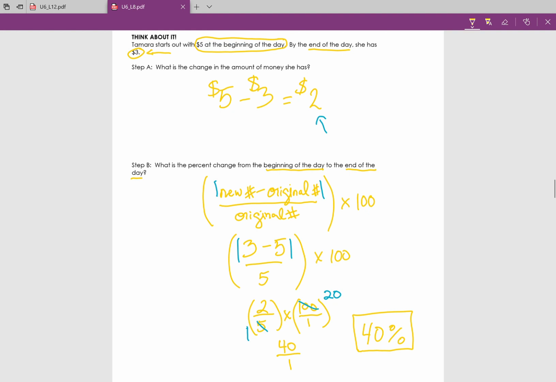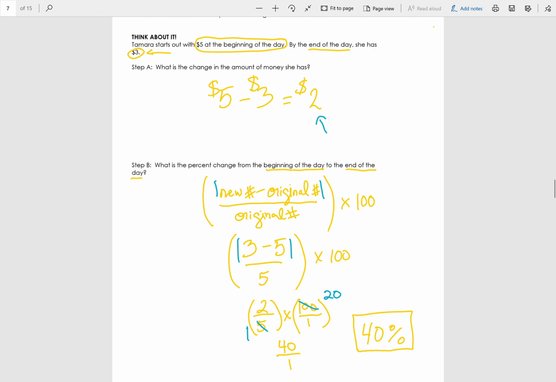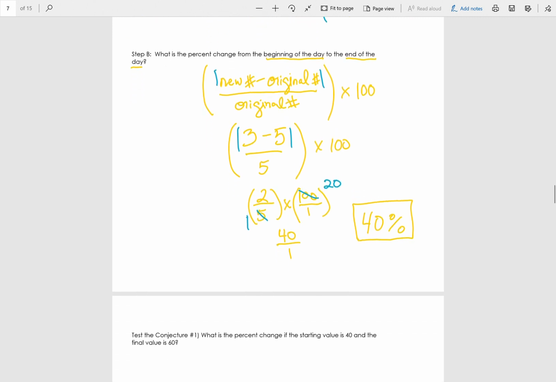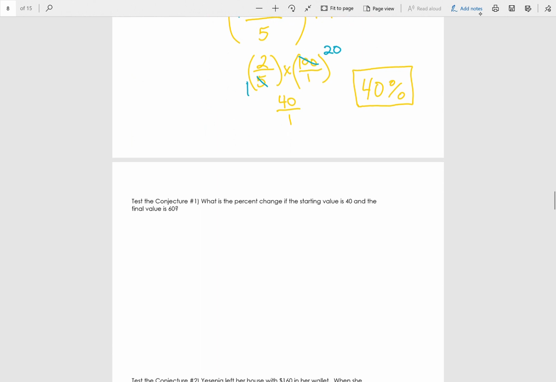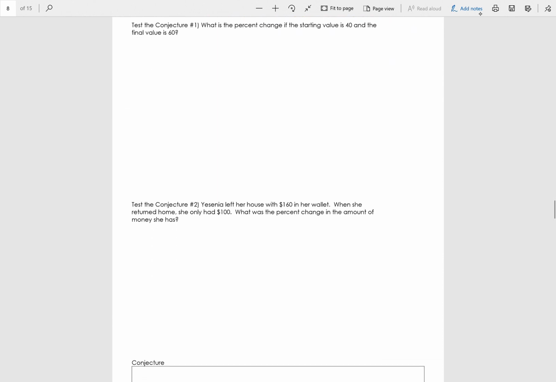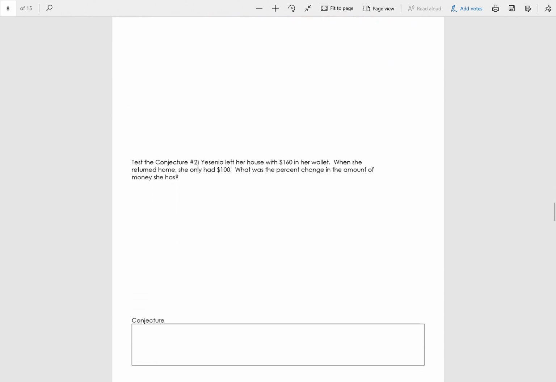Now, since we completed this, we can form our conjecture for today. I want to know how we can determine the percent change. So let's look at step B. How did we determine the percent change for this problem? We used a formula. So now if we scroll down, or if you flip your page in your packet, there is a box on the next page that says conjecture.